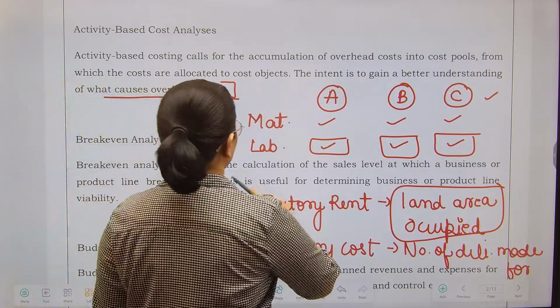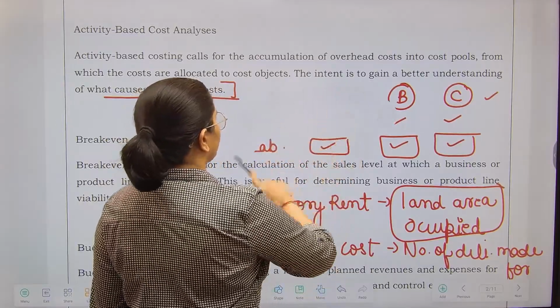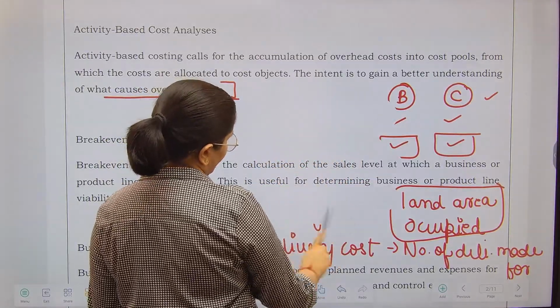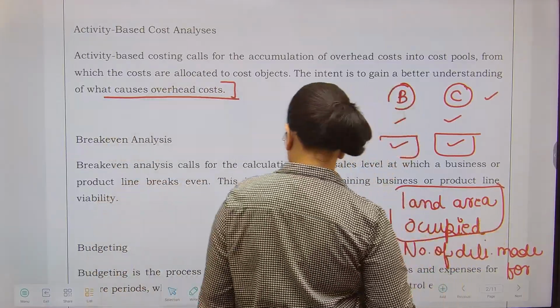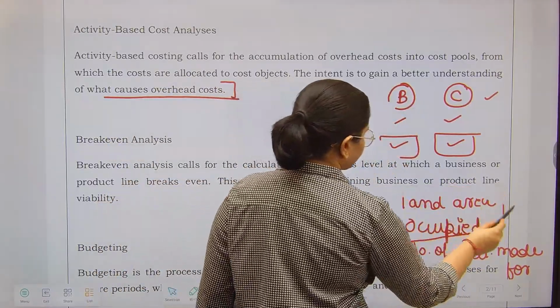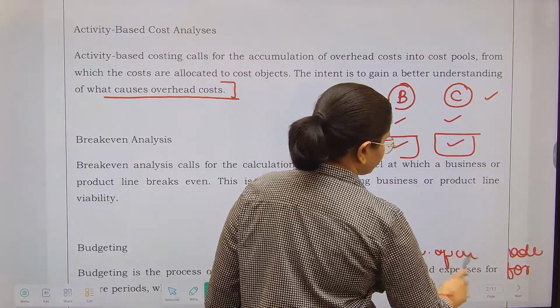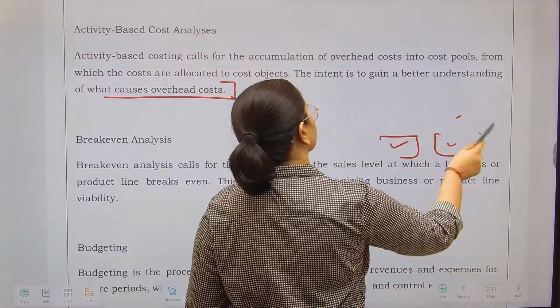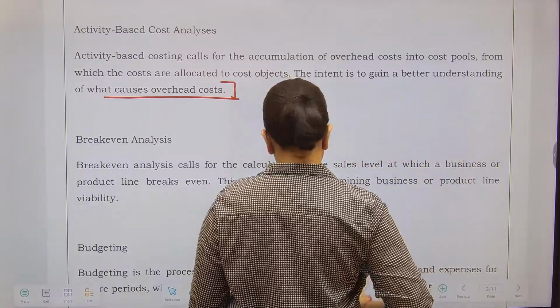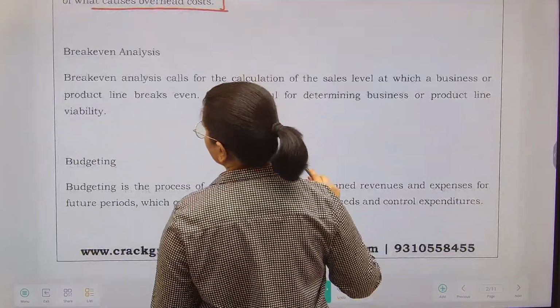So this was the question that was asked. चलिए, now let's see the next topic.